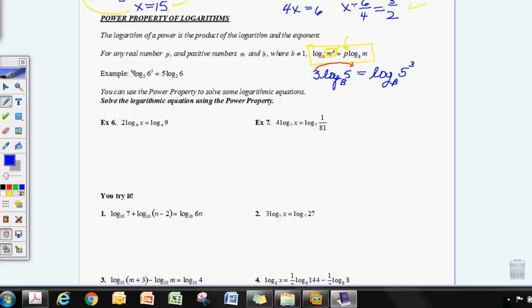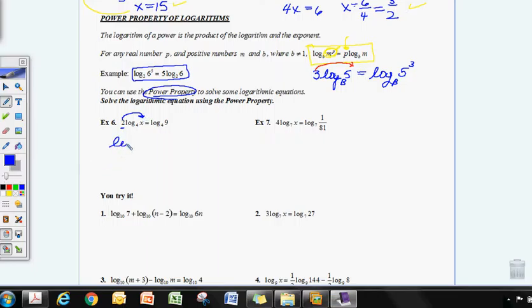So coefficients in front of a log become the exponent of the argument. Okay, look at this example, it explains the exact same thing. I went forward, it goes backwards. So this power property is what we're going to look at for this next one. I can't drop logs because there's a 2 in front of this log. So how do I get rid of that? That 2 comes up in front.